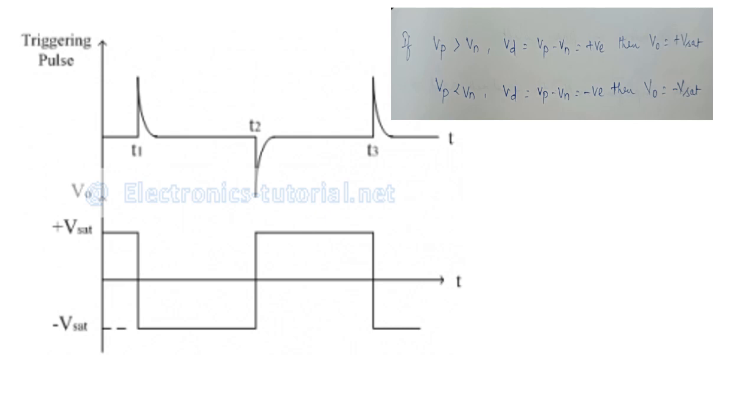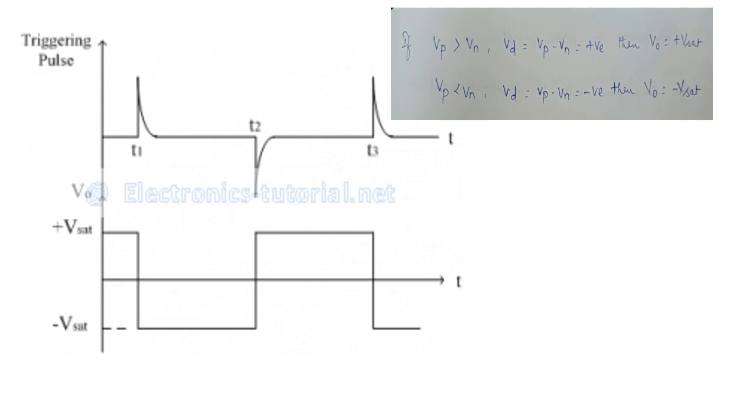Later, if I give a positive trigger pulse at T1, the second condition applies here. So Vp is less than the negative voltage, my differential voltage will be negative, and my output voltage will be equal to minus saturation voltage.